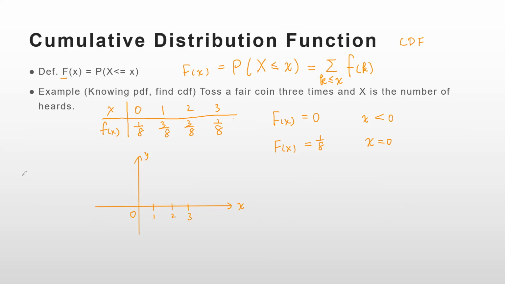It's the PMF, so when x equals 0, we have 1/8, then 2/8, and 3/8. When x equals 0, the height is 1/8, so we draw like that.